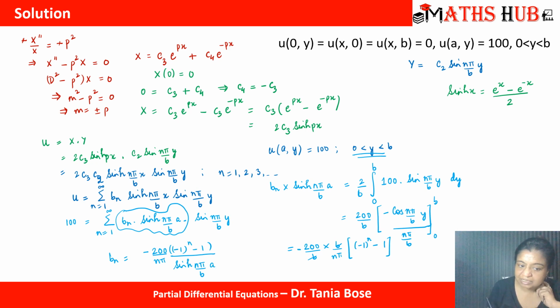So now this is the value of bn, and finally what is u? We will put the value of bn in this. So u comes out to be summation n going from 1 to infinity.